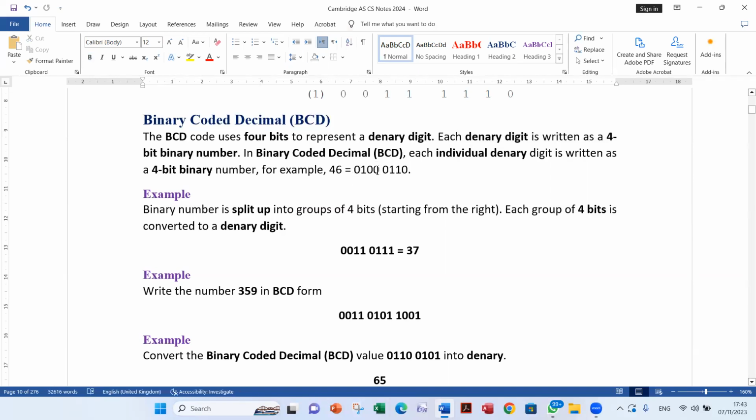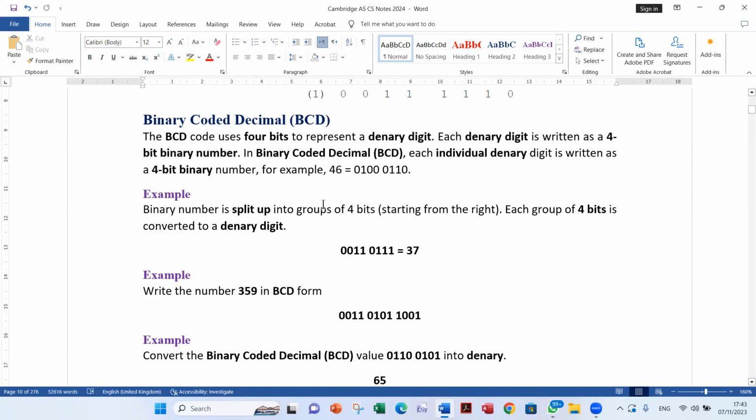Because if you put weights 1, 2, 4, 8, the first converts into 4, and the second is 4 plus 2, which converts into 6. It is as simple as that. You split a denary number into digits and convert every single digit on its own. This is called binary coded decimal. Let us do examples.